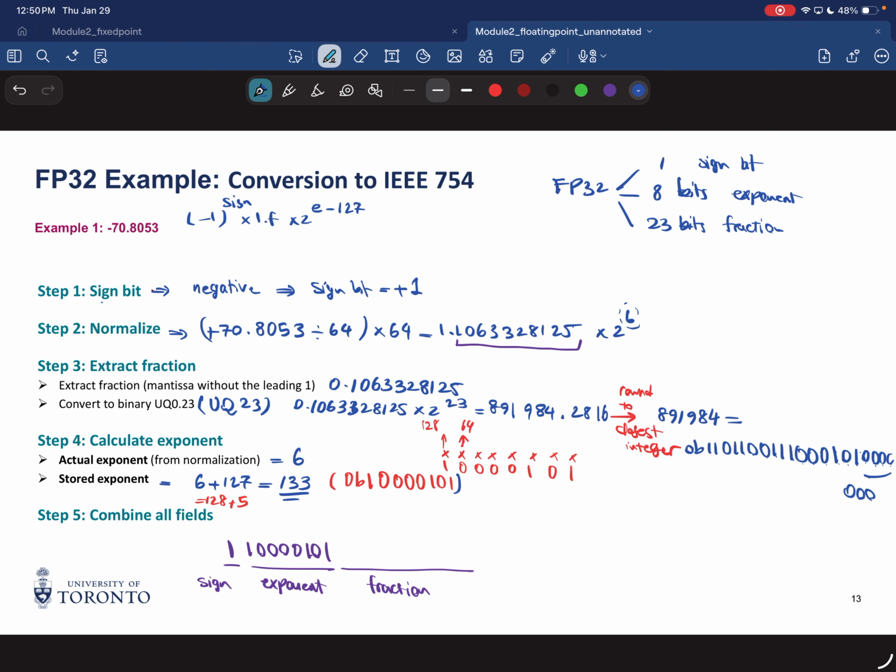So the fractional one is going to be this one here: 1 1 0 1 1 0 0 1 1. So this is going to be all of our 32 bits.